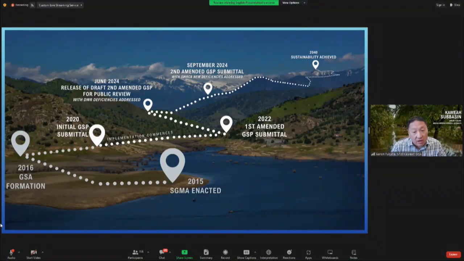There's a lot of hard work that our GSAs and landowners have already done in establishing our path, and our management actions and projects have been accelerated to keep our path and our momentum going into the future. Because our goal is to reach our pinnacle, which is groundwater sustainability in 2040. Next slide.